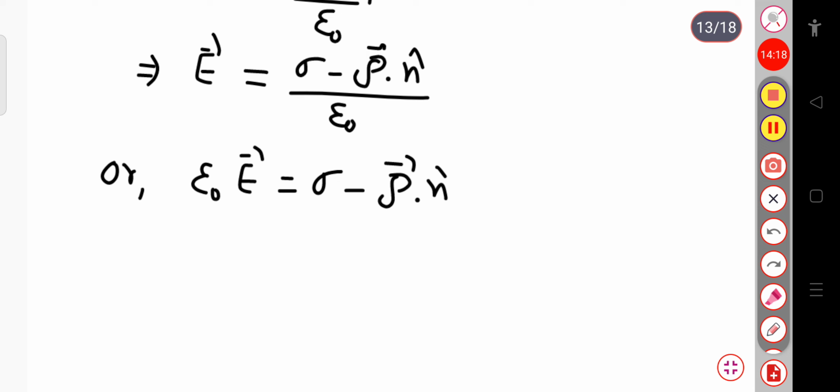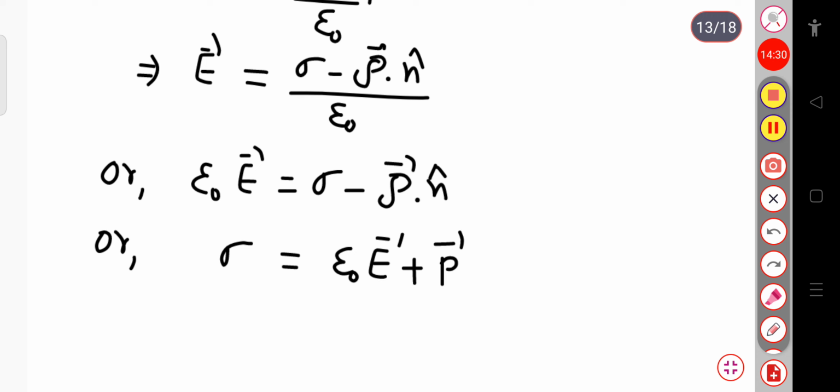And again we can write sigma will be equal to epsilon naught into E plus P vector, the whole into dot n cap.